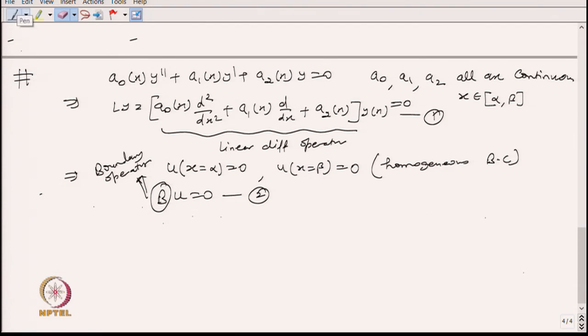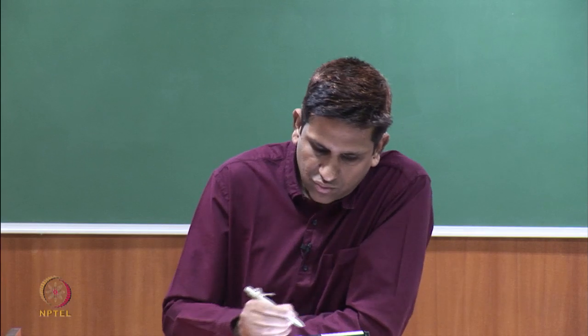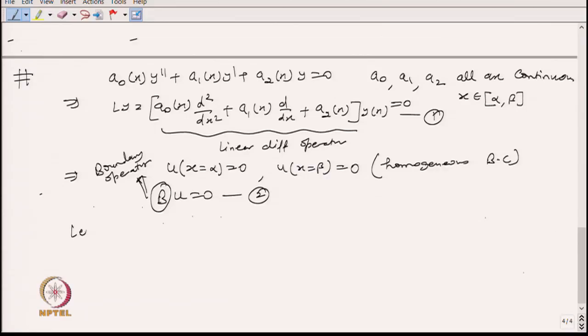Now, based on this, I want to define a function v of x, another function belonging to the same vector space V from where y and a naught come, and which has every characteristic of u of y.